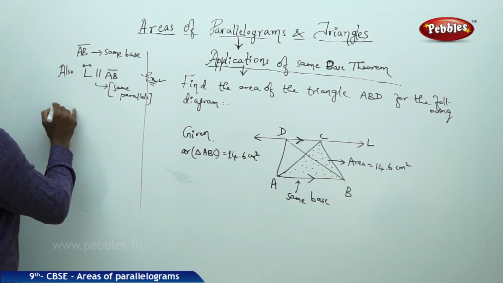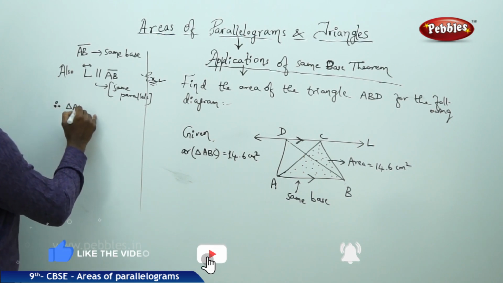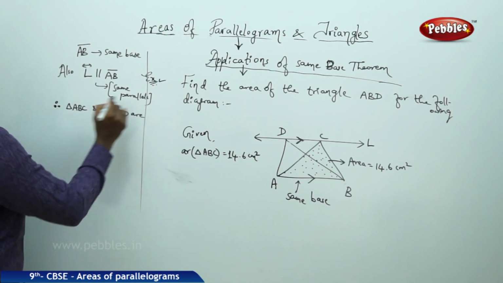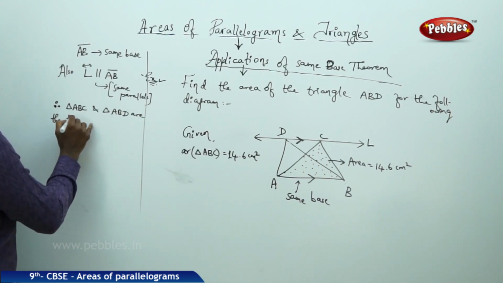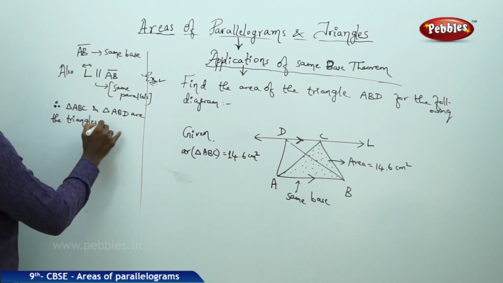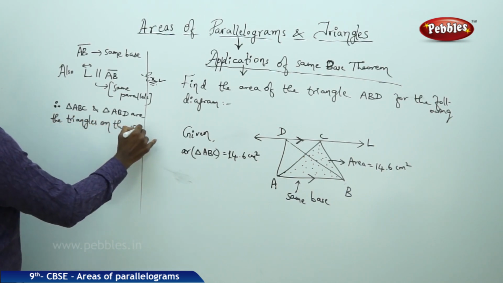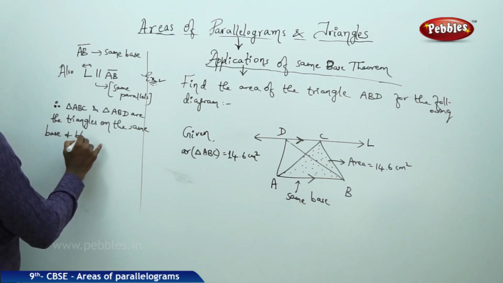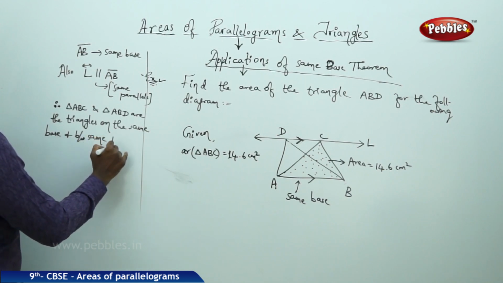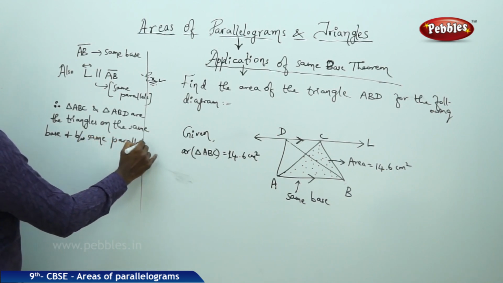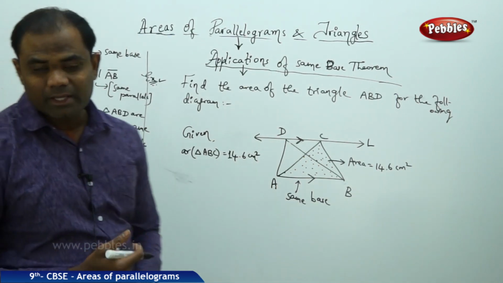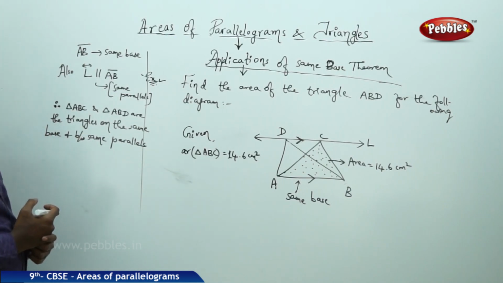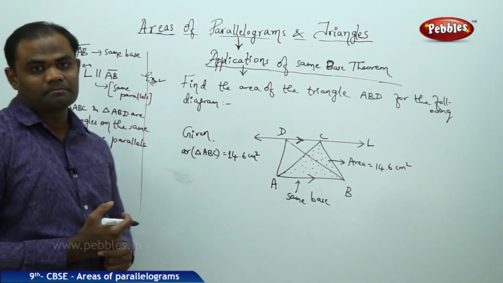Therefore, triangle ABC and triangle ABD are triangles on the same base and between the same parallels.